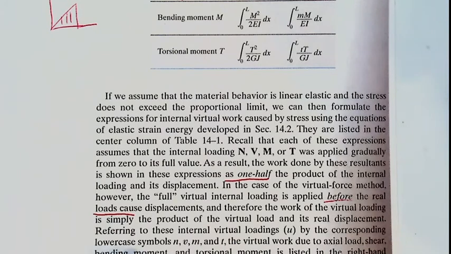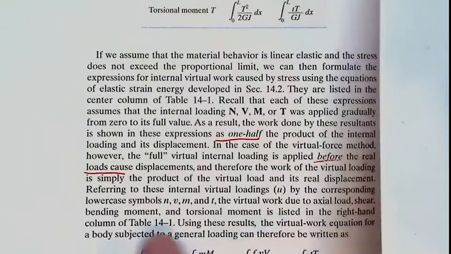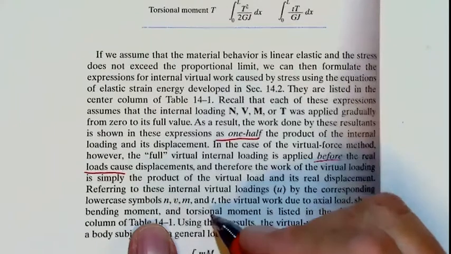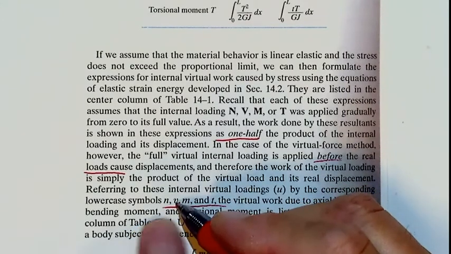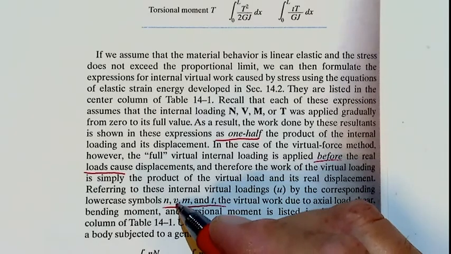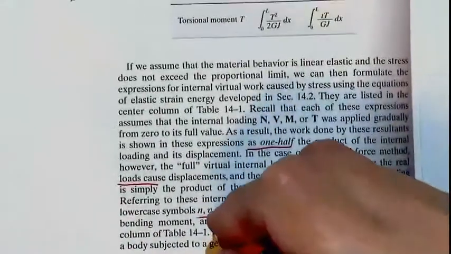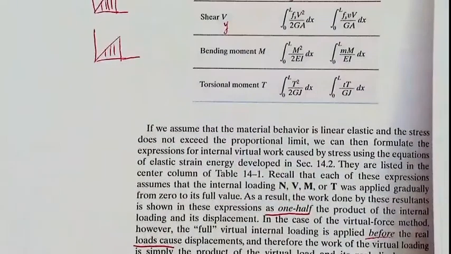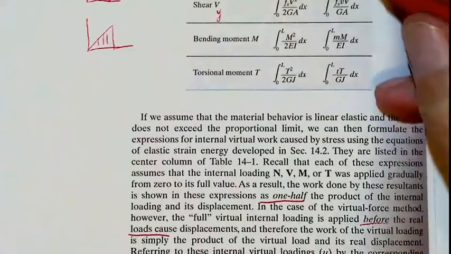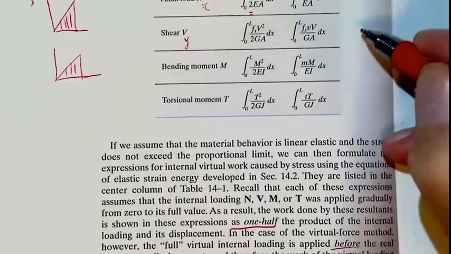Okay, we refer to these internal virtual loadings by the corresponding lowercase symbols n, v, m, and t. Sorry with v, because V we had reserved for displacement. But here, this is a lowercase v, shear force. Then for internal virtual work, we do not have 1/2. No 1/2.